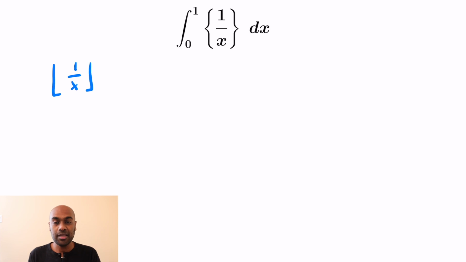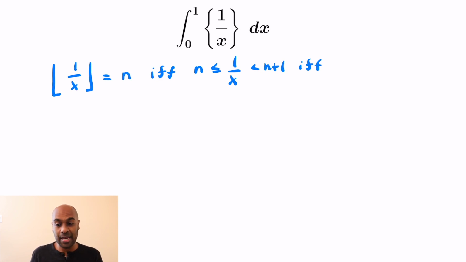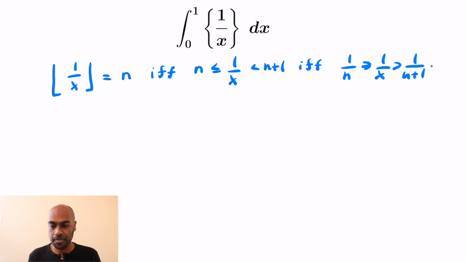Okay, so again, using the floor will help us understand what this quantity is. Let's say the floor of 1 over x was an integer, n. That happens precisely when 1 over x is between n and n plus 1, but not n plus 1 itself. If we rearrange this inequality, it tells us the value of x for which the floor of 1 over x is n.